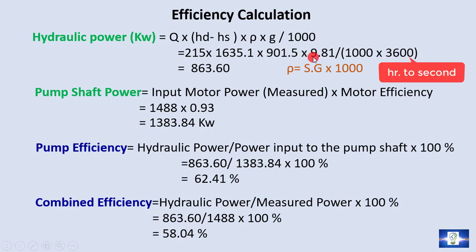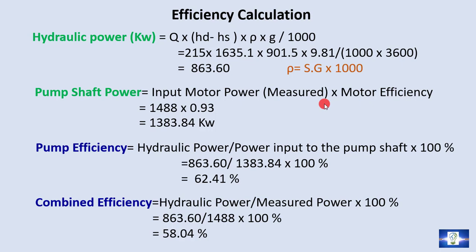The result is a hydraulic power of 863.60. The pump shaft power is equal to the measured input motor power times motor efficiency, 1488 times 0.93. Assuming the motor efficiency is 93%, the pump shaft power is 1383.84 kilowatt.